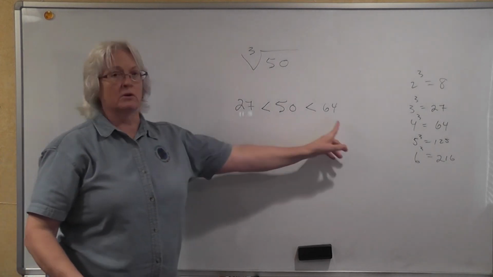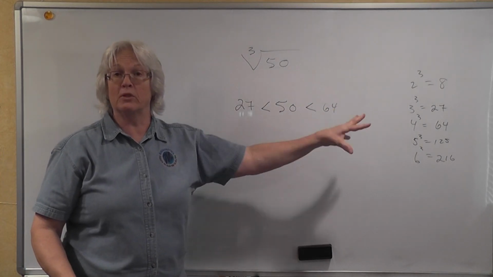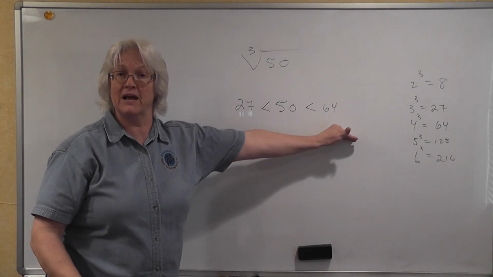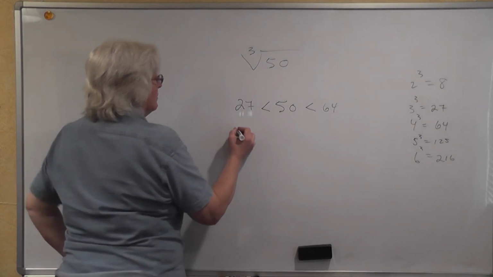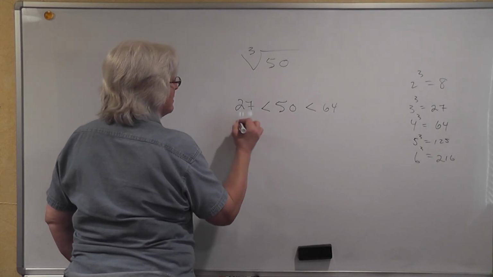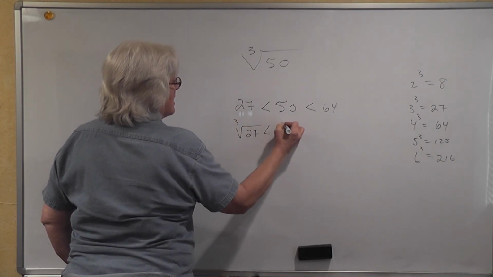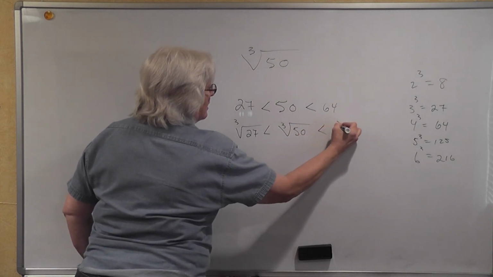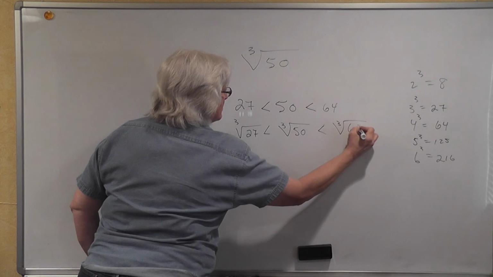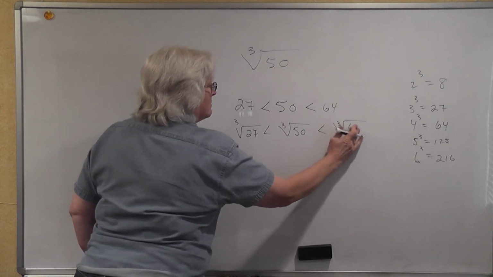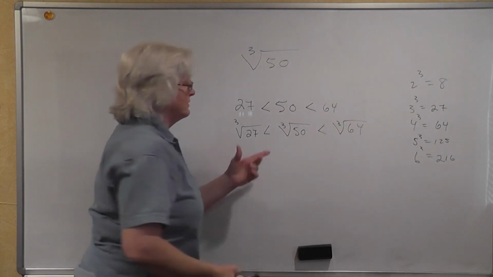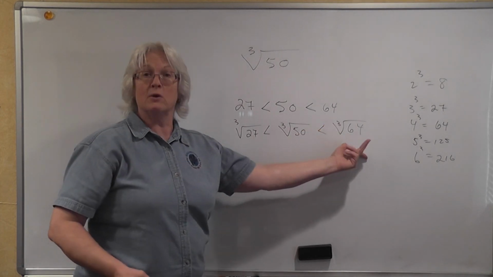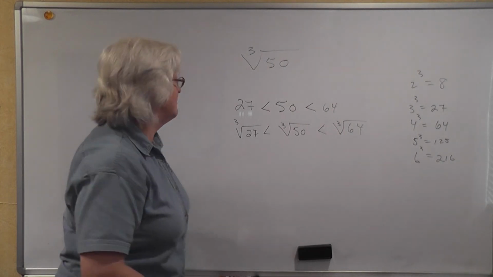And it's closer to 64, so it's going to be more than 3.5. So 27 is less than 50, which is less than 64. We can take the cube root of all three of these numbers, and we retain the truth of the relationship between the three numbers, which is that the cube root of 27 is less than the cube root of 50, which is also less than the cube root of 64.